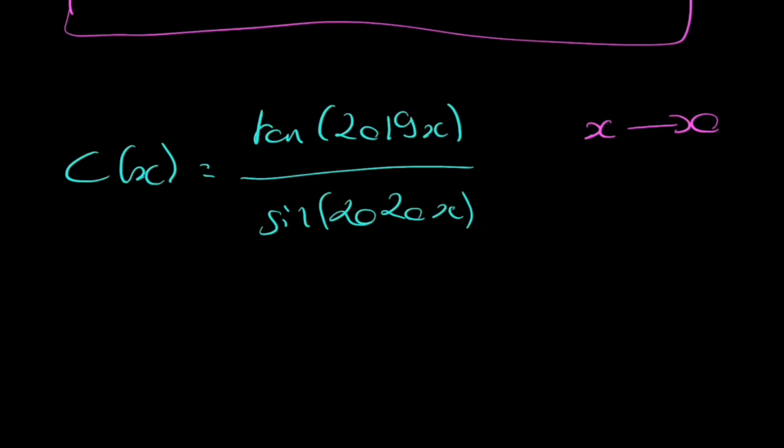So when x tends to 0, we've got tangent that will go to 0 and sinus that will go to 0 as well. So we will have an undefined form of the type 0 over 0.